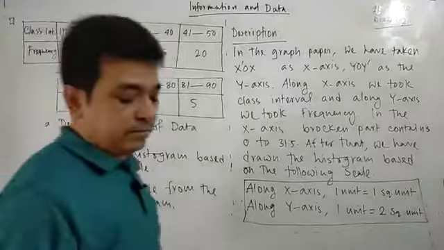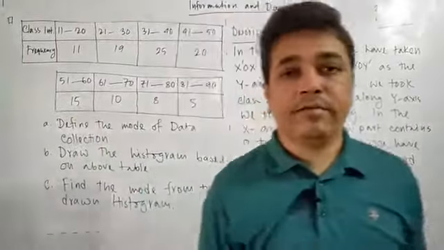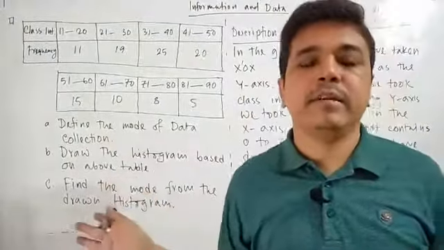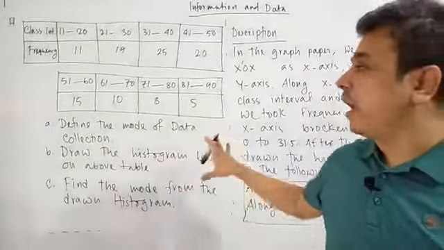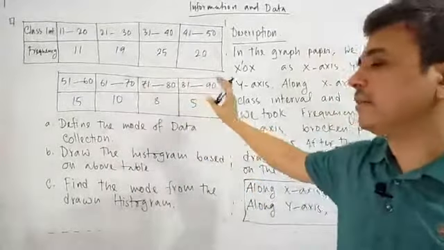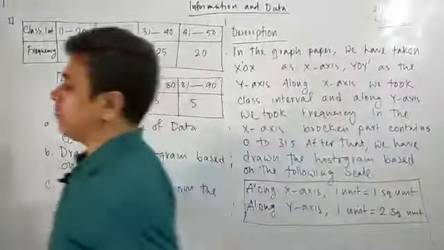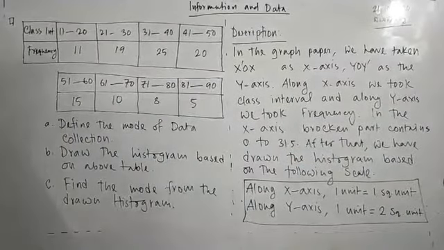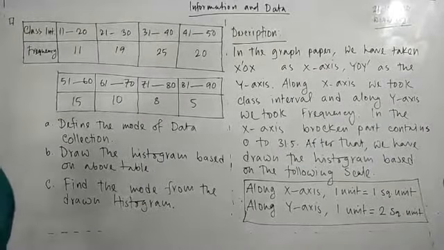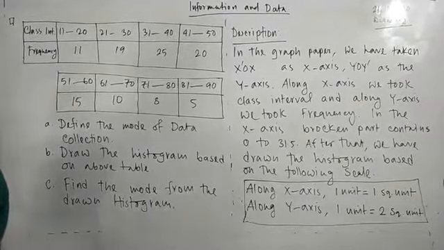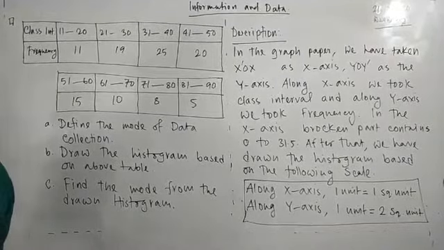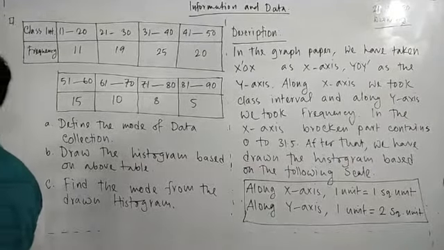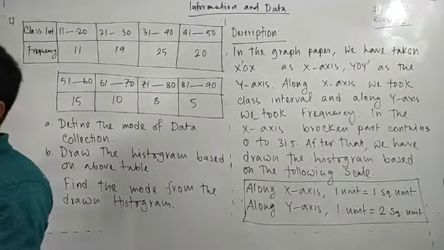The first question I already gave yesterday and solved, and the second question will look like that. The table will look like, for example, in your book it's question number 17.